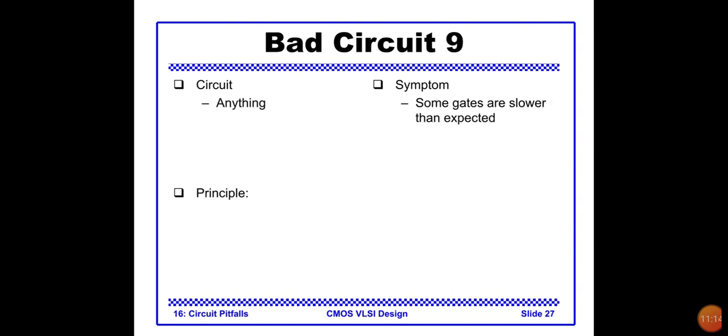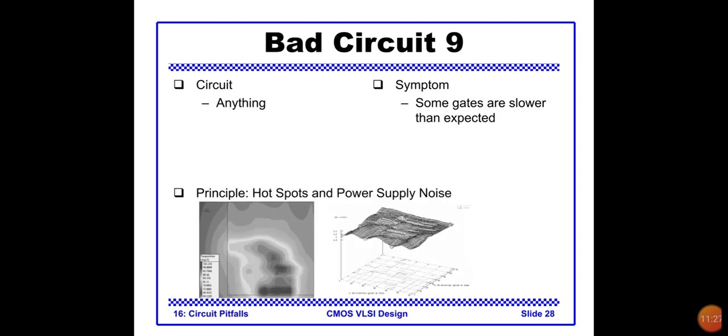Bad circuit 9, the circuit: anything. Symptoms: some gates are slower than expected. The principle: hotspots and power supply noise.